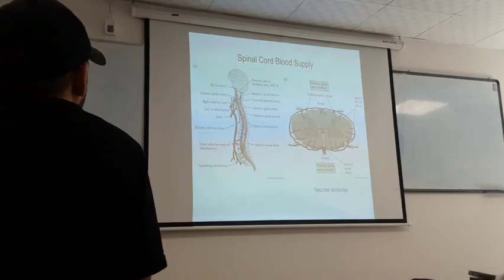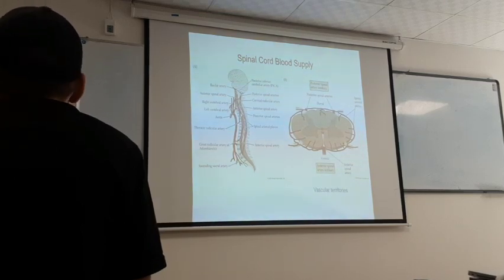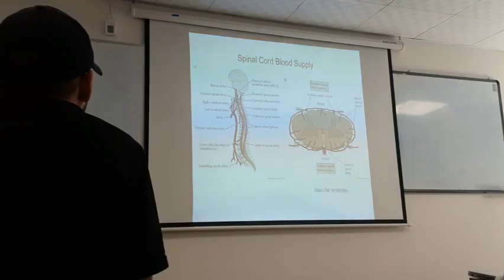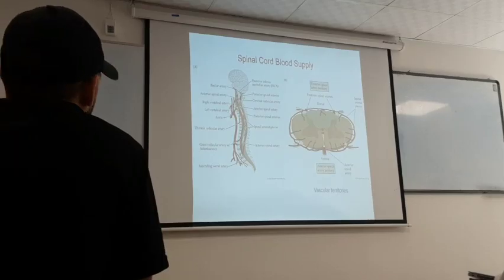This descending aorta and these two common iliac arteries. You see this, the thoracic radicular artery. Great radicular artery. Anterior spinal artery. Posterior spinal artery. This is for the spinal cord.